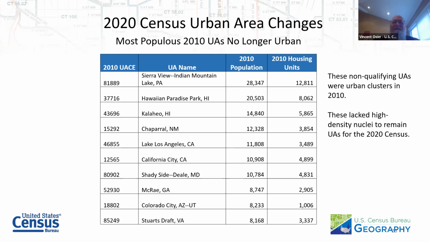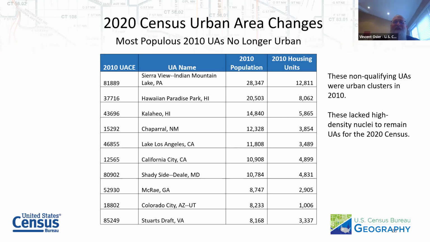Lastly, one other slight criterion change is we required urban areas to have a high density nucleus, like basically the stereotypical downtown of an urban area, to remain as an urban area.